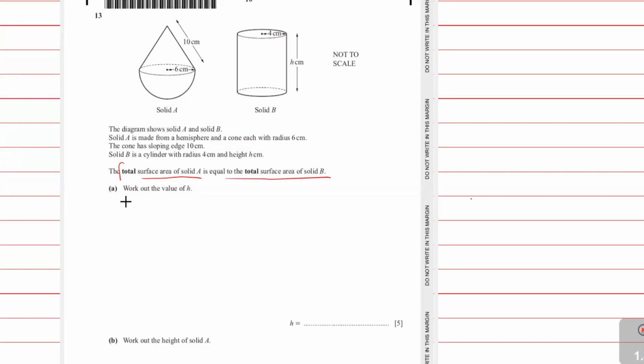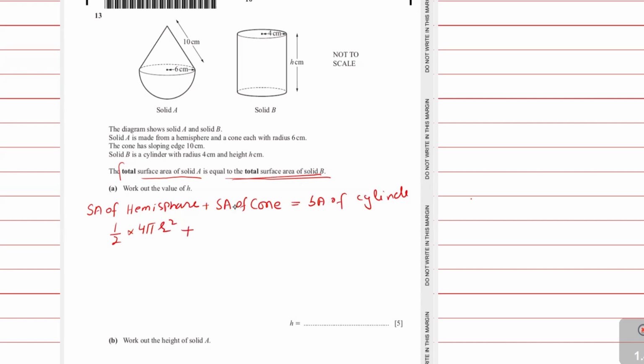Surface area of solid A will be equal to surface area of hemisphere plus surface area of cone, and the surface area of solid B is equal to surface area of cylinder. Surface area of hemisphere is 1 over 2 into 4 pi r square.